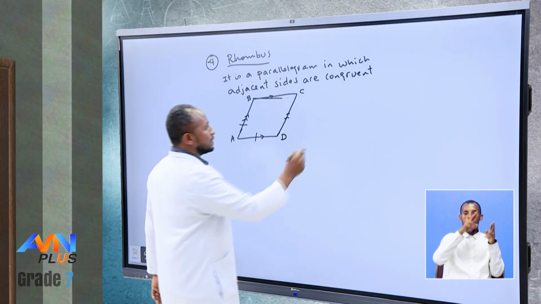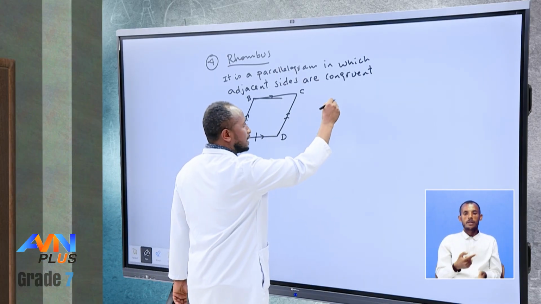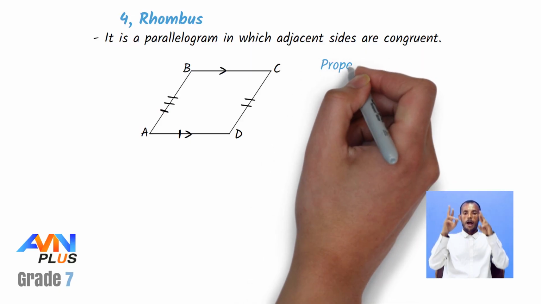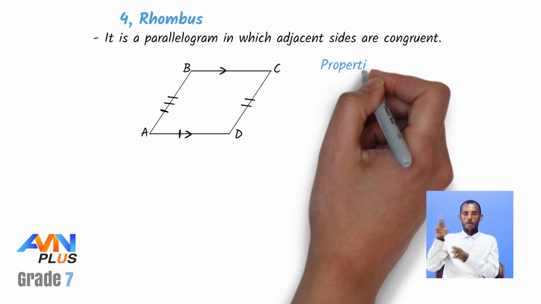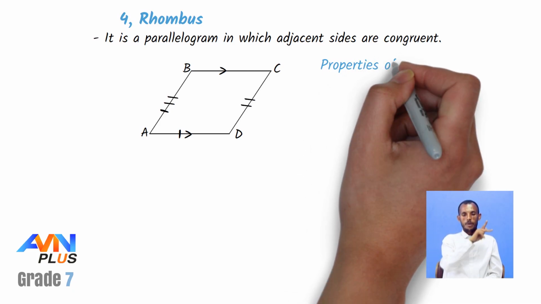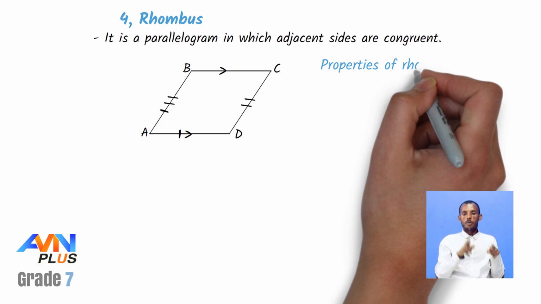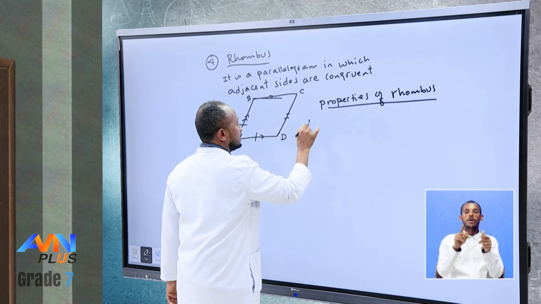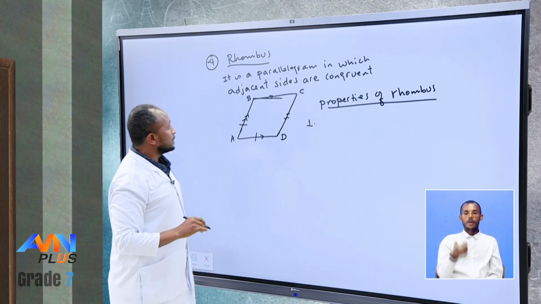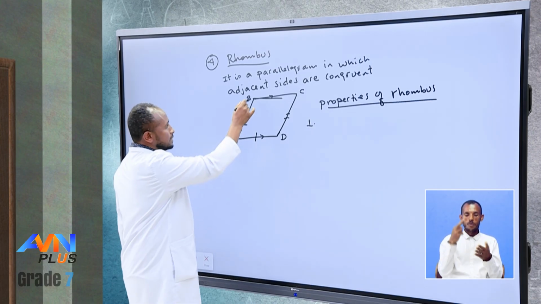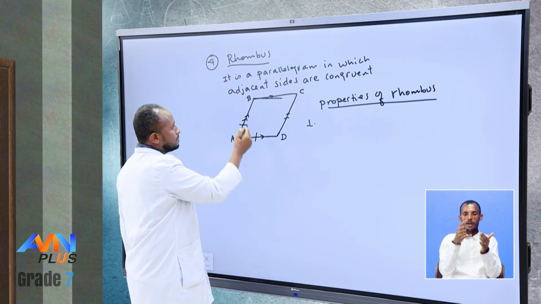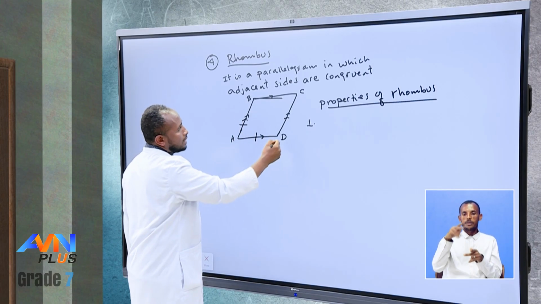So let's try to list the properties of rhombus. One, as you can see here, in the case of a rhombus, since the adjacent sides are equal and it is a parallelogram, side AB is the same as side DC.